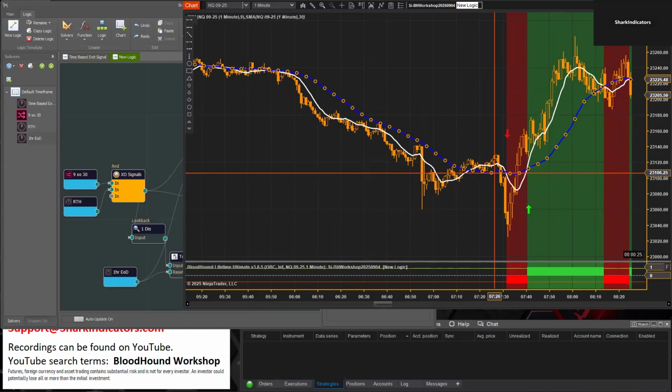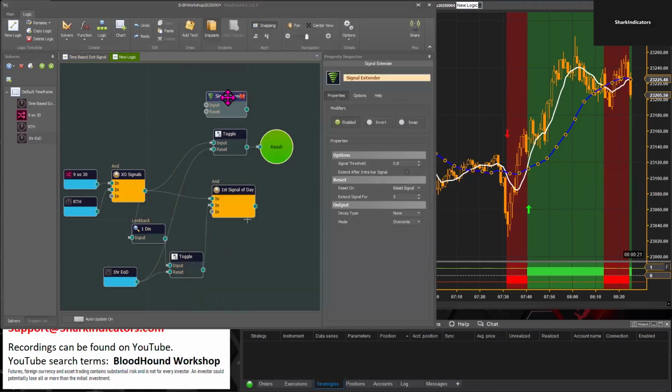And so the trade just didn't work out, right? So in that situation, the signal extender is great, because you can say, all right, condition A is good for whatever, 11 bars, 12 bars, and then condition B needs to happen within that time. Otherwise, the trade setup just kind of falls apart, right? Too much time has elapsed, right?